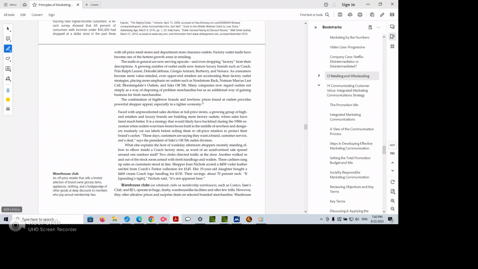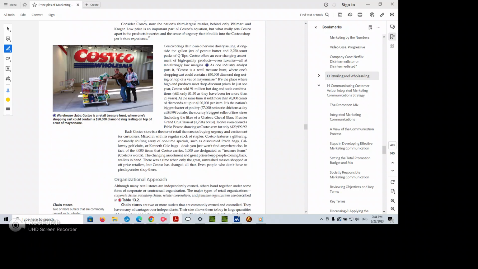Now, let's talk about warehouse clubs, okay? A warehouse club is an off-price retailer that sells a limited selection of brand name grocery items, appliances, clothing, and hodgepodge, which means a various collection of other goods, at deep discounts to members who pay an annual membership fee.